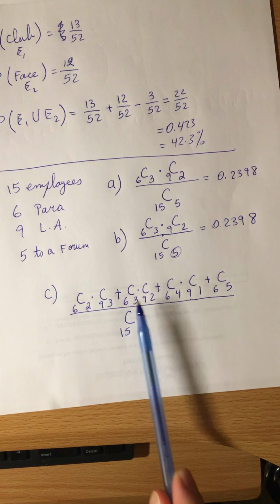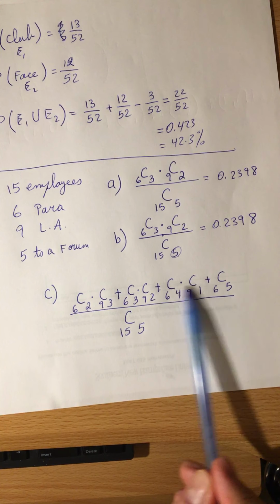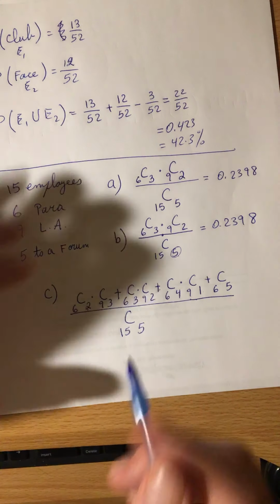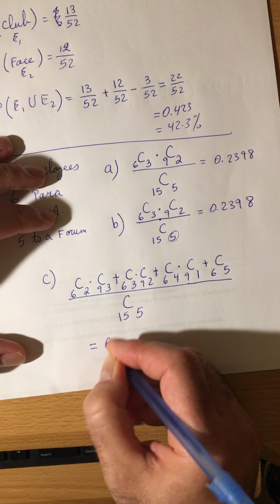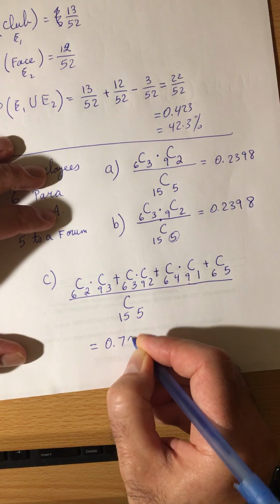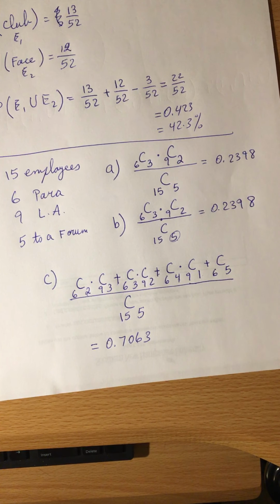So 2, 3, 4, 5. You do all of this, add them all together, divided by that, and it gives you a probability of 0.7063, or approximately 71%. Okay?